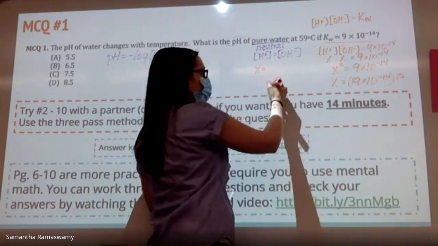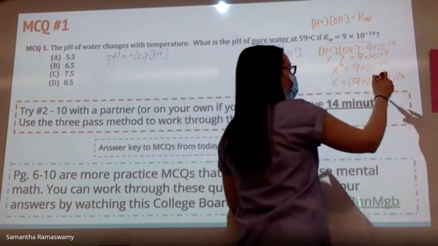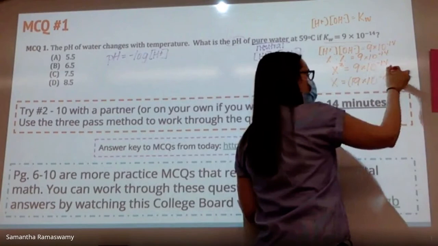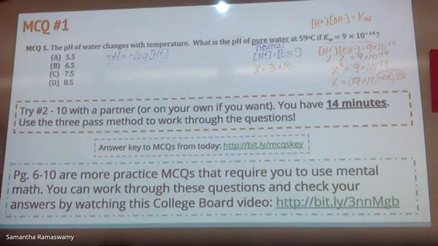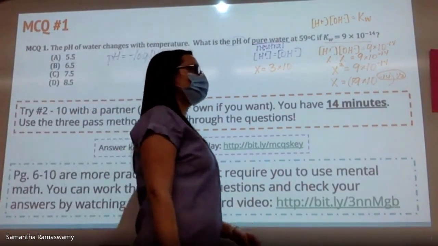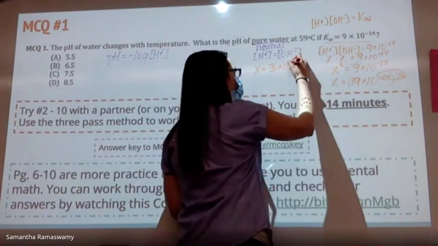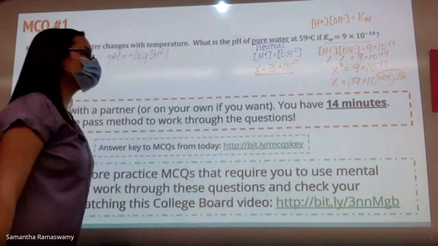What is the square root of 9? 3. Then we have times 10 to the negative 14. This is why I write it like this. When you have an exponent to a power, multiply those two numbers. What is negative 14 times 1/2? Negative 7. There's our value of X.